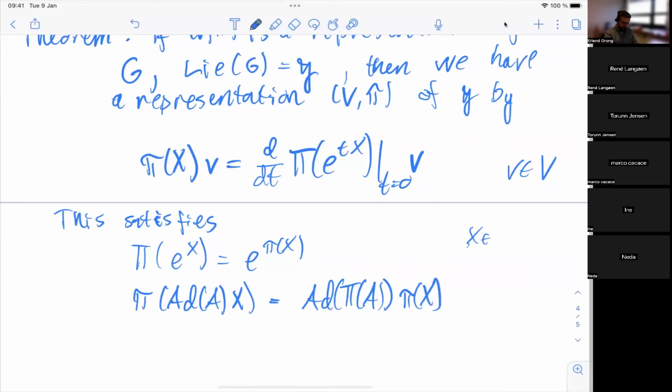So here x is in the Lie algebra and A is in the group.